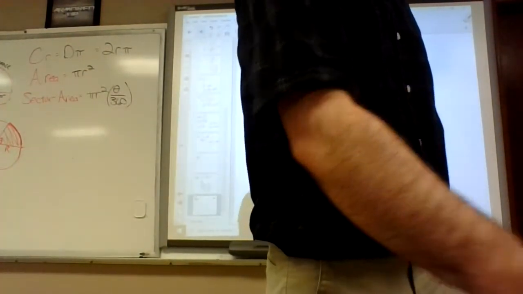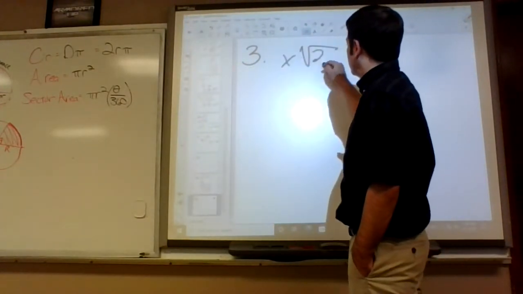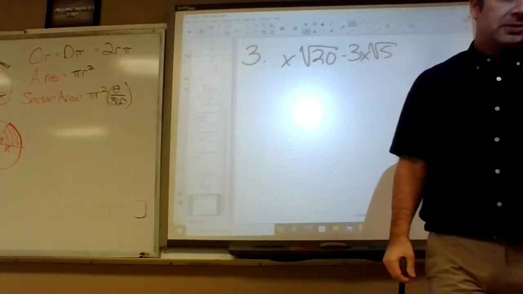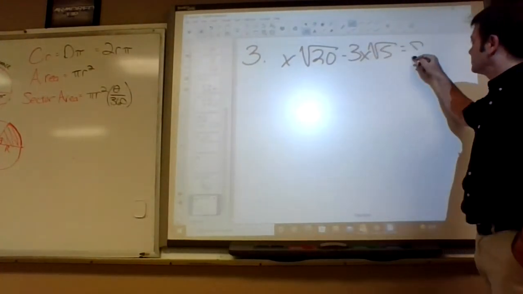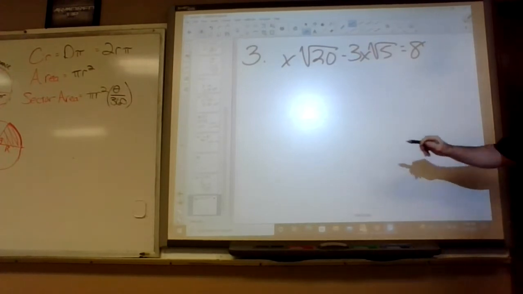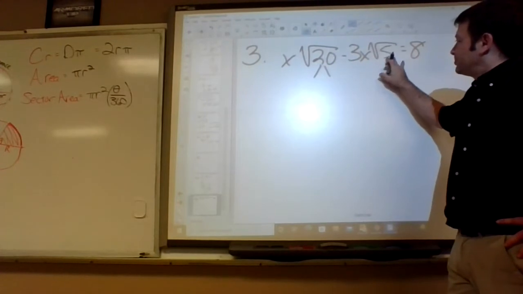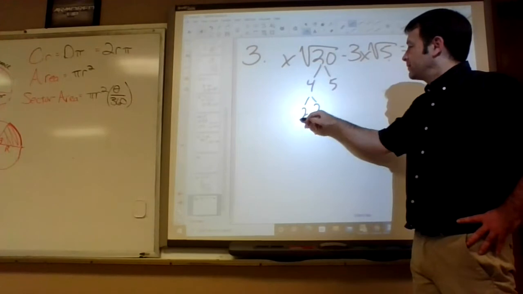Number 3, x square root of 20 minus 3x square root of 5 equals 8. Alright, can we simplify anything on the left side? Yeah, square root of 20 is 2 square root of 5. Square root of 5 is too simple, right? But this is 2 square root of 5.